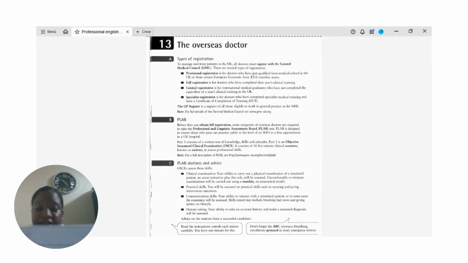Advice on the stations from a successful candidate. 1. Read the instructions outside each station carefully. You have one minute for this. 2. Keep in mind safety precautions like throwing out the sharps in the sharps bin. 3. Don't forget the ABC, airways, breathing, and circulation protocol, in every emergency station.